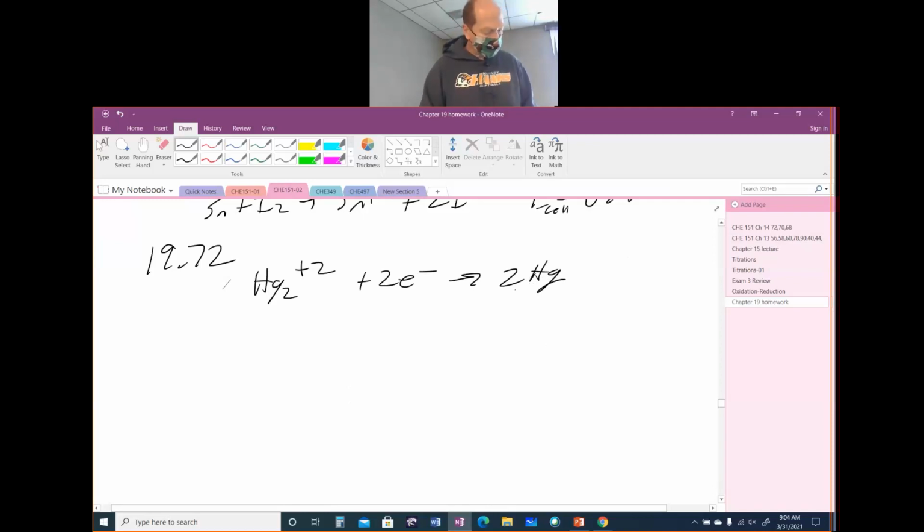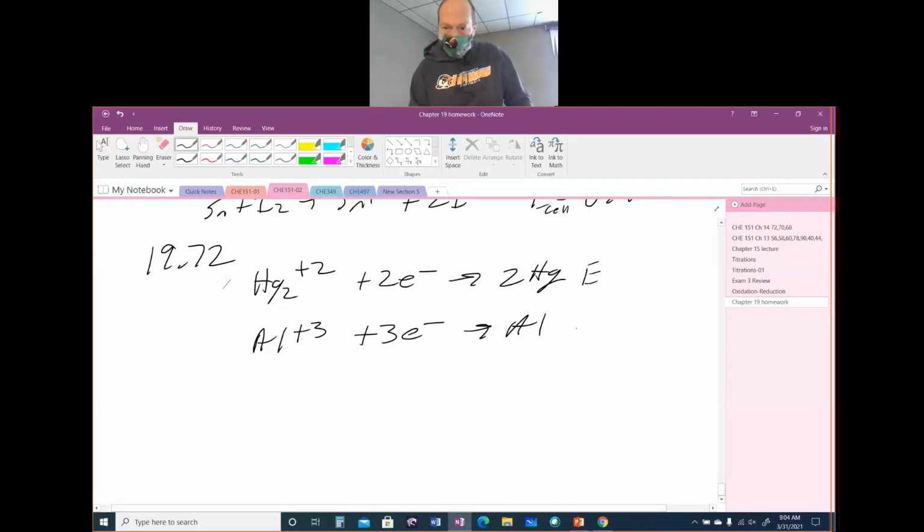And an electrode in which an aluminum strip is dipped into aluminum plus 3. So we have Al plus 3 plus 3 electrons going to Al. So you're going to have to reverse one of these because they're both written as a reduction potential.